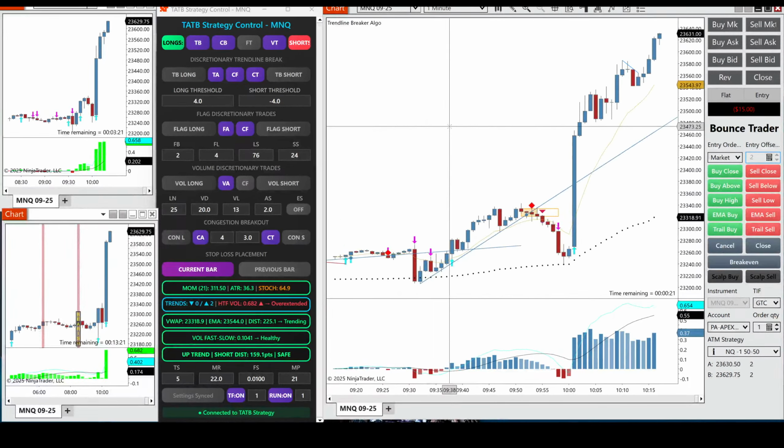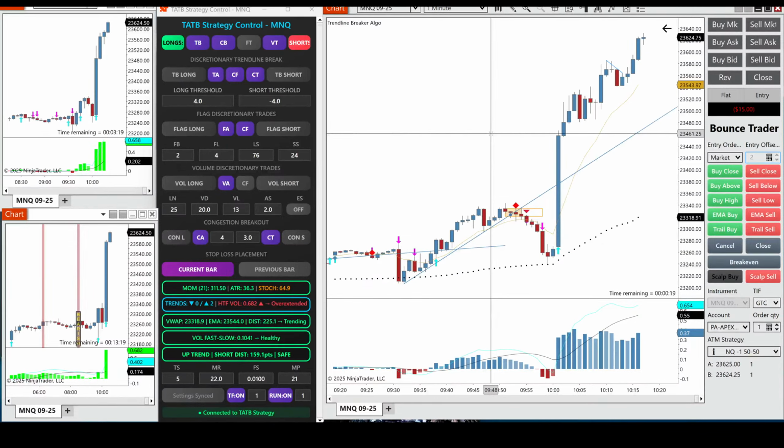So it calculates the consecutive ones. And the idea for that is if it is three consecutive trend lines and you're expecting a trend line break on the third, it's probably going to be a more valuable setup.